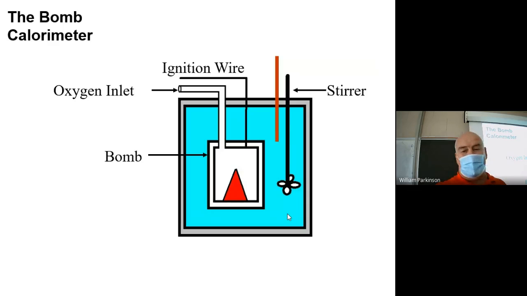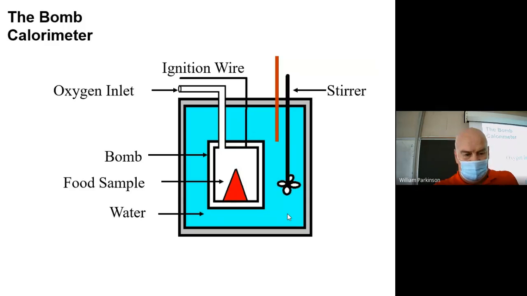Have my bomb down in the water. And then I put my food in there and I fill it with water and I get a thermometer and I light the fuse on the bomb. It burns the food inside with the oxygen. The heat from the burning food warms up the water.